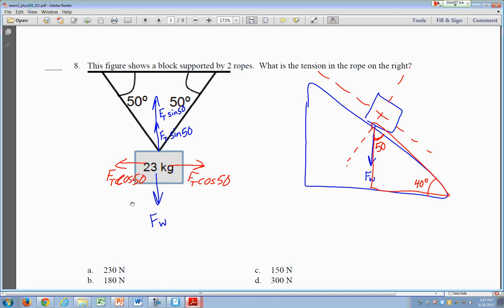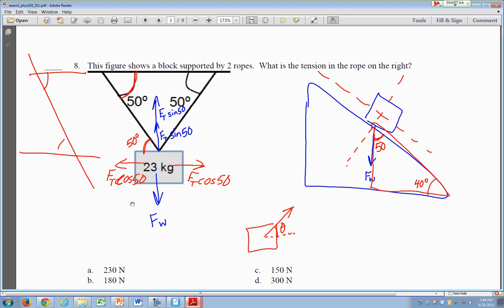Like here, for example, on this problem, this angle is 50 degrees, and this angle is also 50 degrees. Because you have two parallel lines, you have a line that crosses across them, so these two angles are the same. Likewise, when we had the problem where we had a force like this, there it's a lot simpler because your force is just measured from the x-axis, and so you're going to use that force.